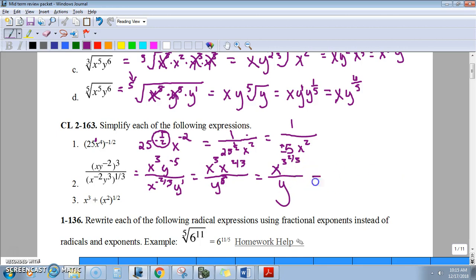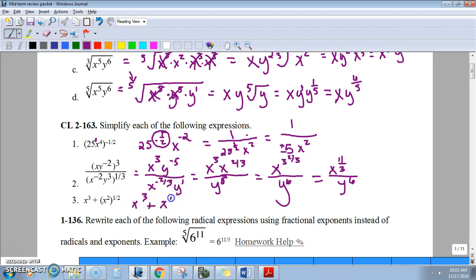So this is the same as, if I turn this mixed fraction into an improper fraction, x to the 11/3 over y to the 6th. All right, next question, x cubed plus, and then this becomes just x, right?